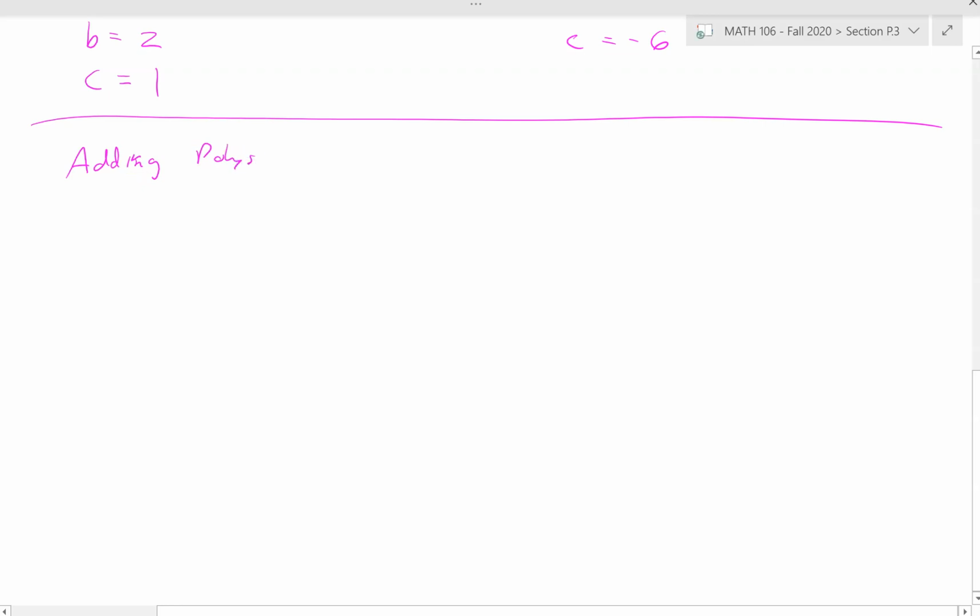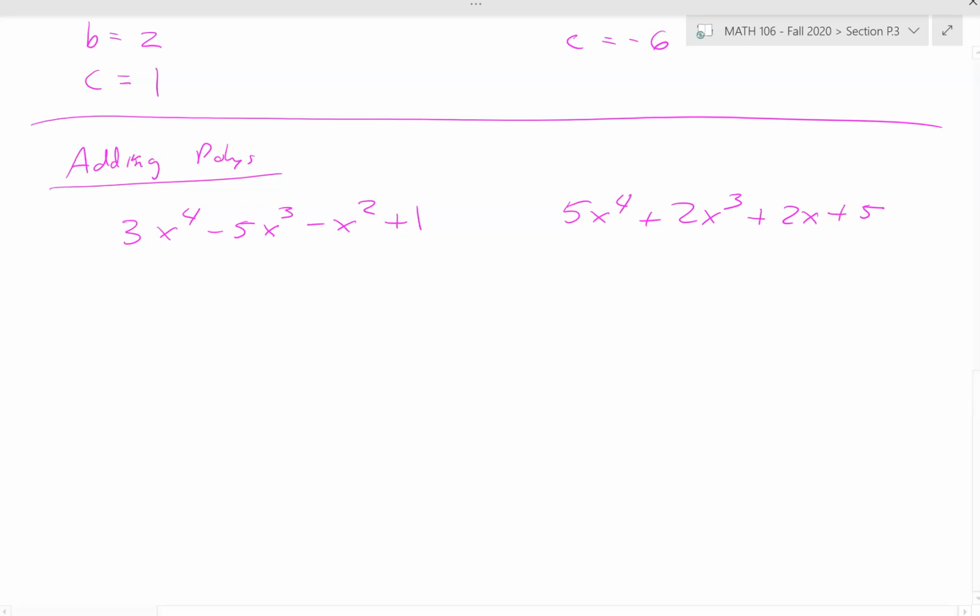I'll give you an example. Let me give you 2 long polynomials. So here they are. You want to add those together using all the rules that we've talked about so far.